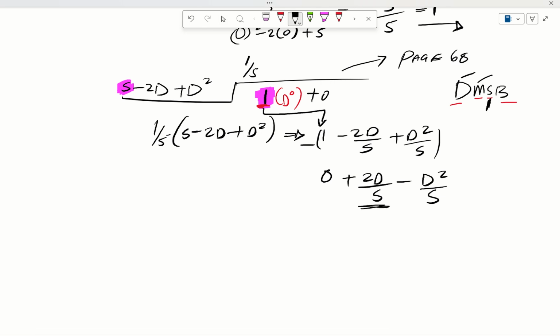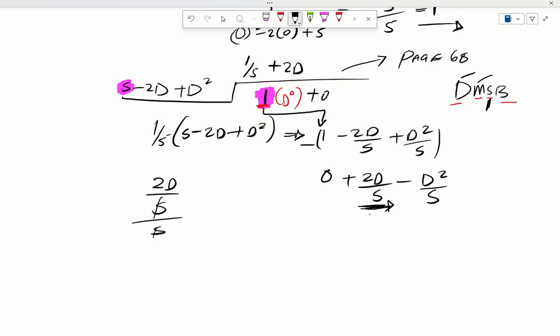2d divided by 5. So you're gonna do the same thing. 2d divided by 5 divided by 5. You're gonna get 2d because these two are gonna cancel. You're gonna get plus 2d. And then you multiply. You are done with division, then you multiply.